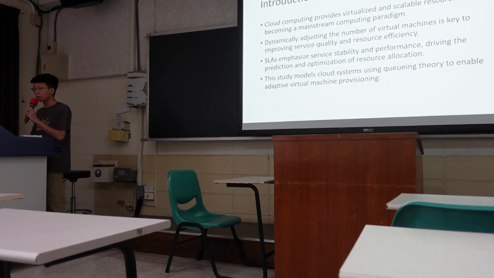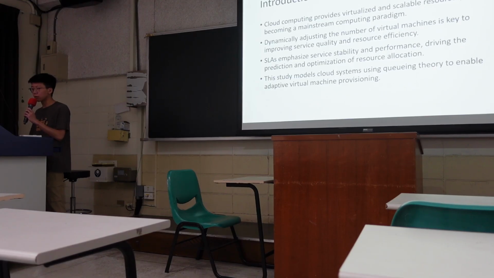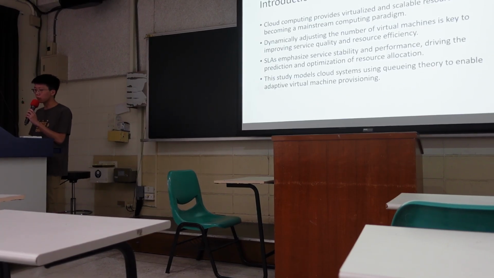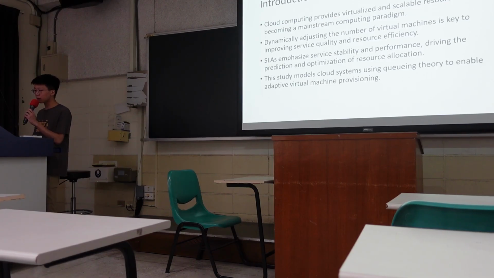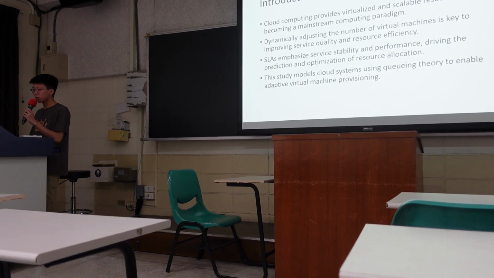One key feature of cloud computing is that resources can be accessed remotely via a web browser. Thanks to its scalability and easy maintenance, cloud usage has grown rapidly, making resource scheduling and performance management critical.